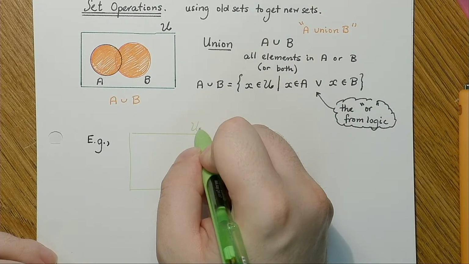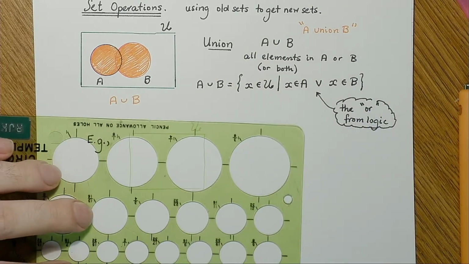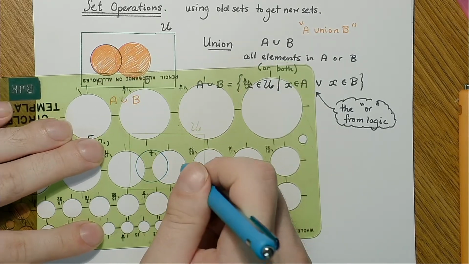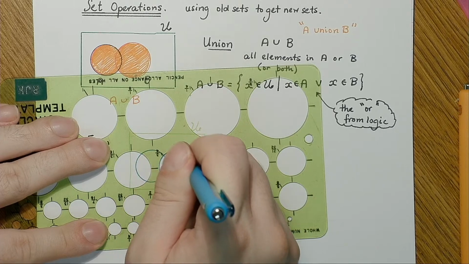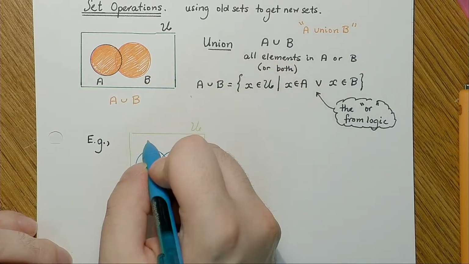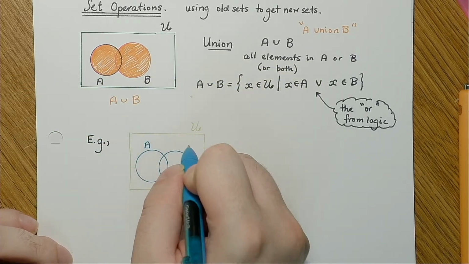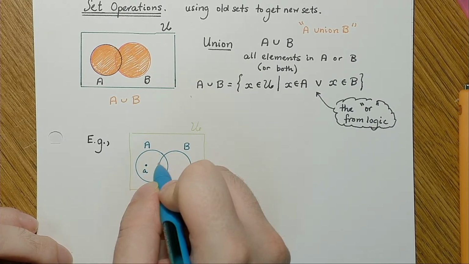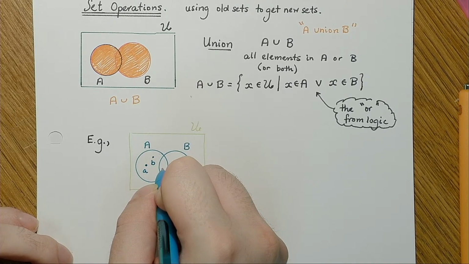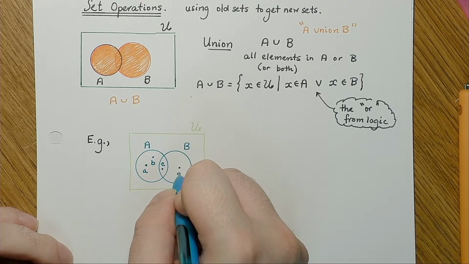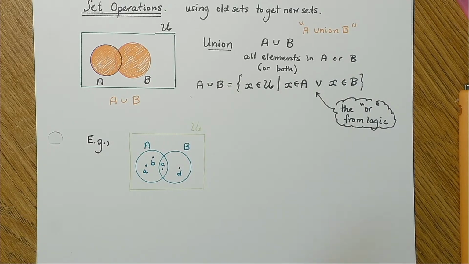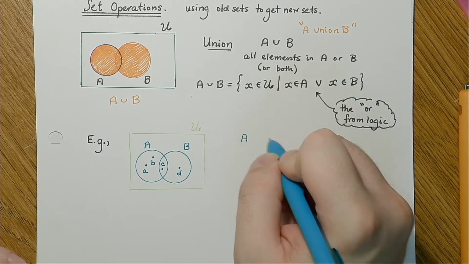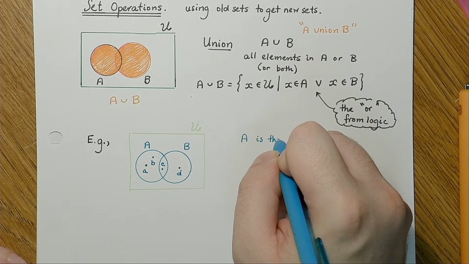So there's my universal set. Here's my example. Let's say that I have my two sets. Say A is the set of coffee drinkers.